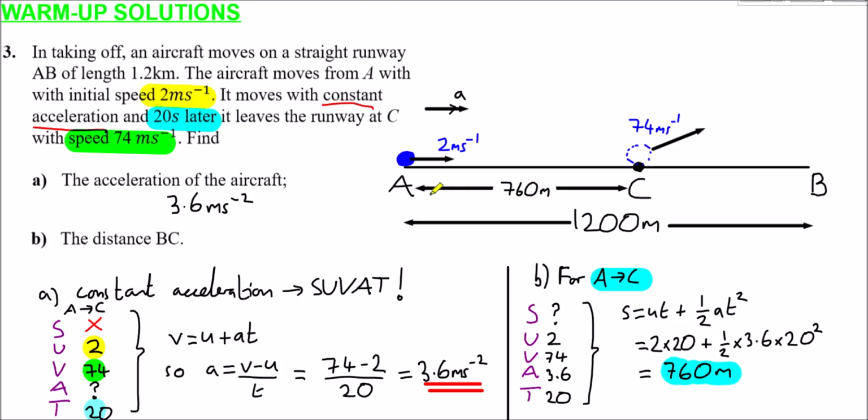But now, like I say, we can now work out the distance from A to B. So therefore, using this diagram, hopefully you'll spot quite obviously that BC must be the whole of A to B, which is 1200, minus the 760 we just worked out.